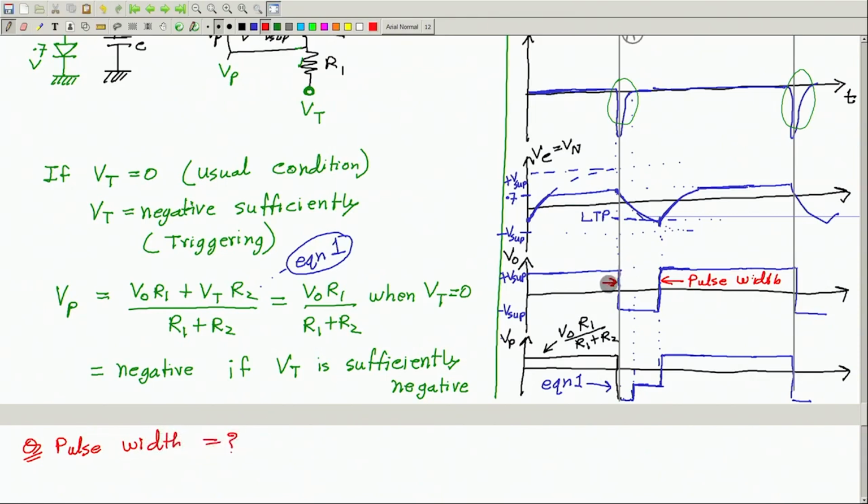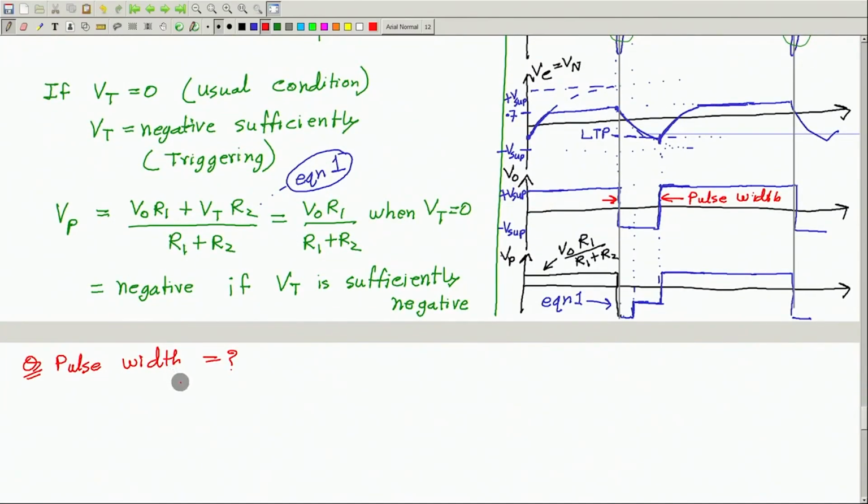You just observe that this time is the same time which is required by the capacitor voltage to go from 0.7 volt to the lower trigger point. This is the pulse width. So, let us compute this time required for the capacitor voltage to go from plus 0.7 to the lower trigger point.